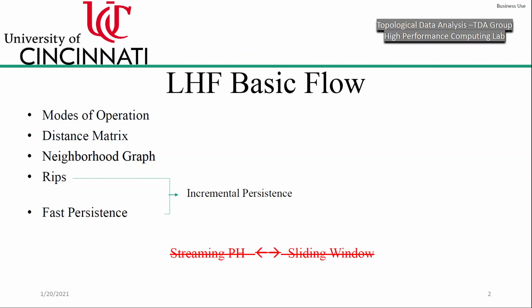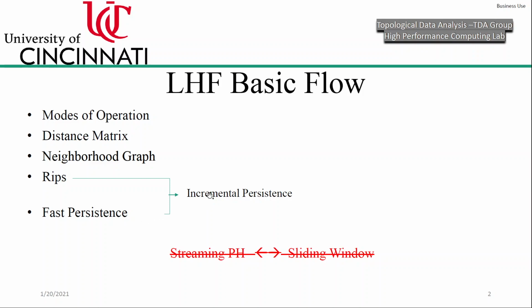First of all, I'll make you aware of the modes in which LHF can execute, and then we'll talk about the basic pipeline flow that our program goes through. We'll look at the distance matrix, then the neighborhood graph, then the Vietoris-Rips calculation, and then the fast persistence.